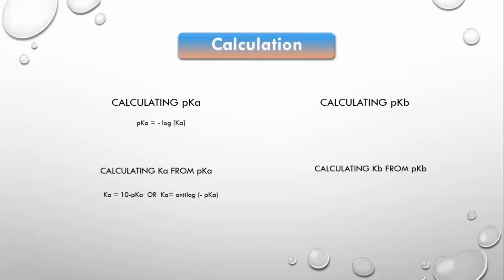For calculating pKb, you can use this expression. pKb is equal to negative logarithm of Kb, where Kb is an equilibrium constant for the ionization of base. For calculating Kb from pKb, you can use the reverse mathematical operation to find pKb using this equation.